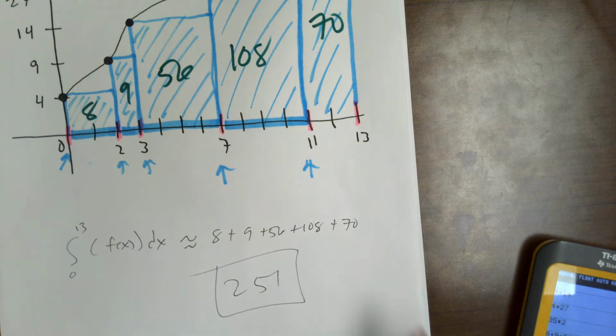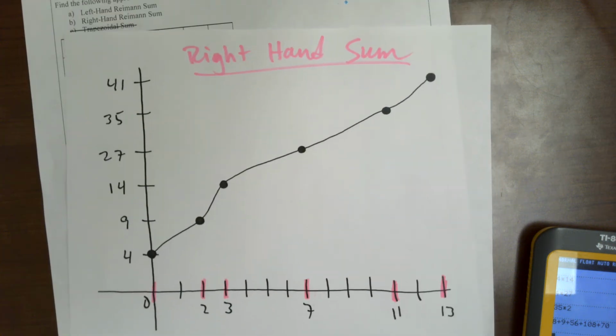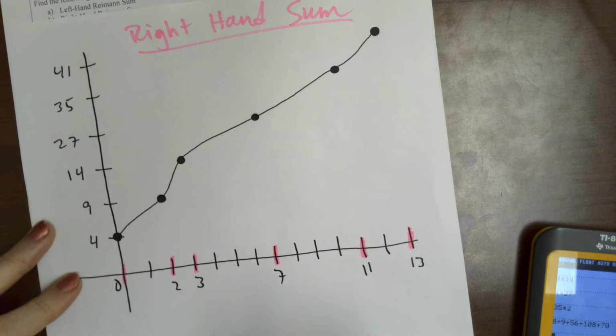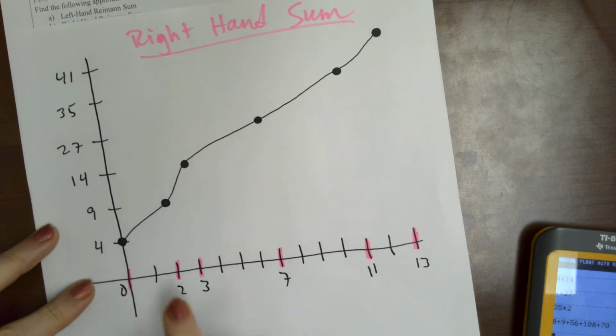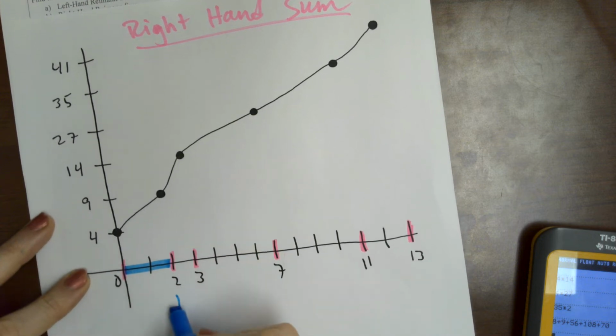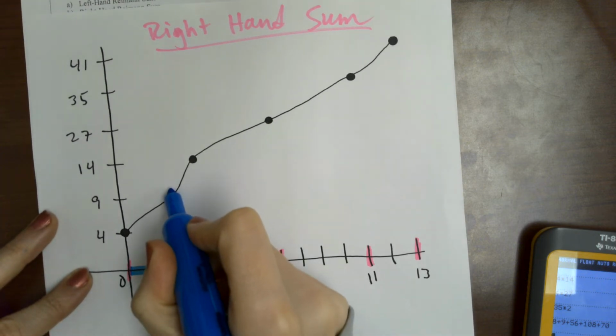Yes, it is. Okay, now we're going to do a right-hand sum. And guys, feel free to speed the video up. So for the right-hand sum, I start with the same graph, and this might be a good time to speed the video up or skip ahead, because I'm just going to do the same thing. I'm going to look at the base, go to the right end point and up to the graph.